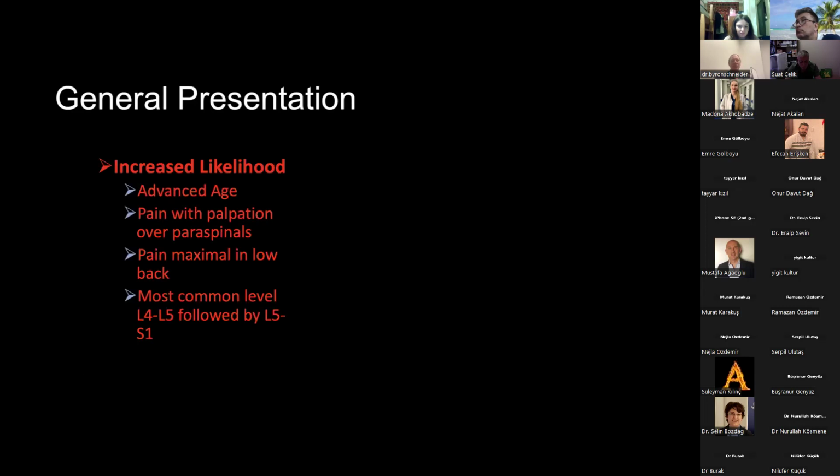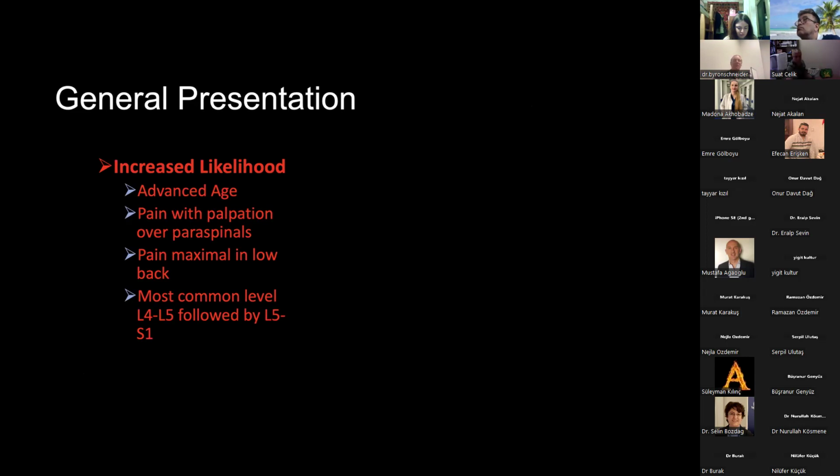So a general presentation for someone who has facet pain, even though none of these are that specific, is a patient of somewhat advanced age. The pain's going to be paramidline, so over the structures just lateral to the spinous processes, but not midline pain itself.